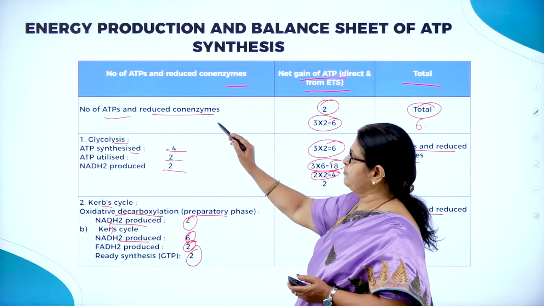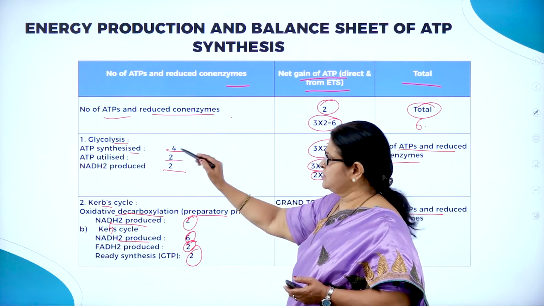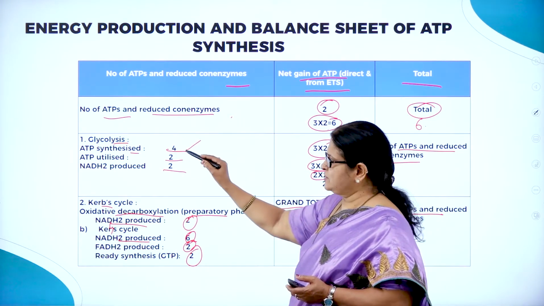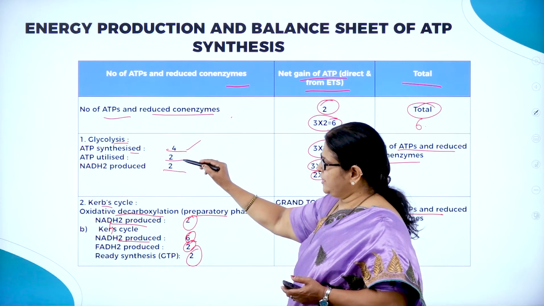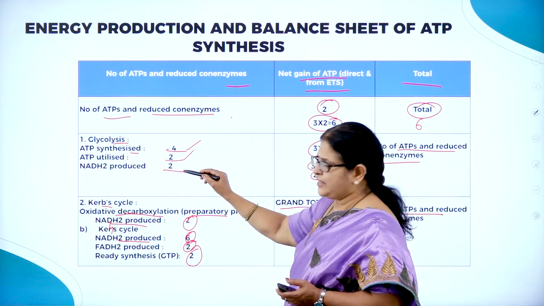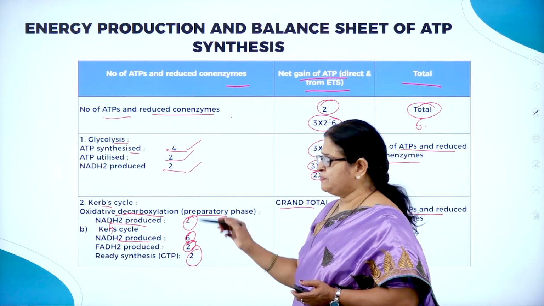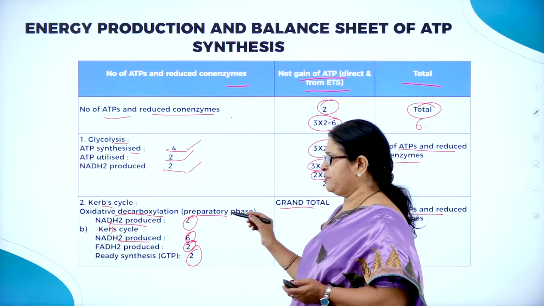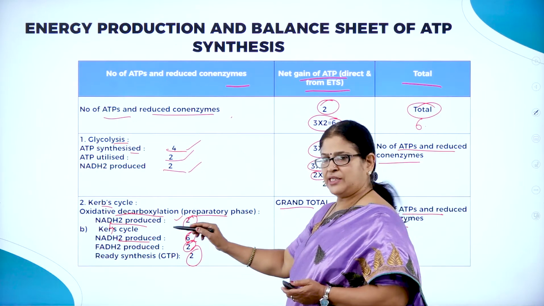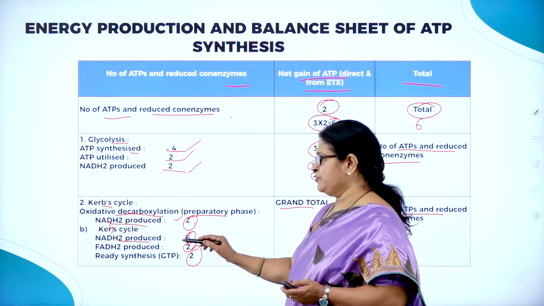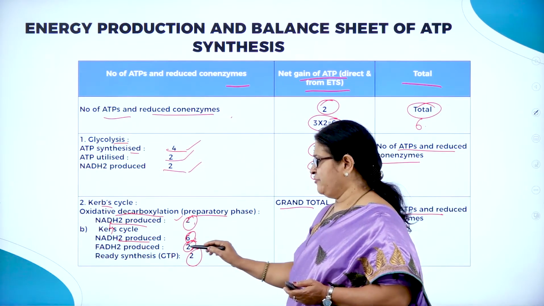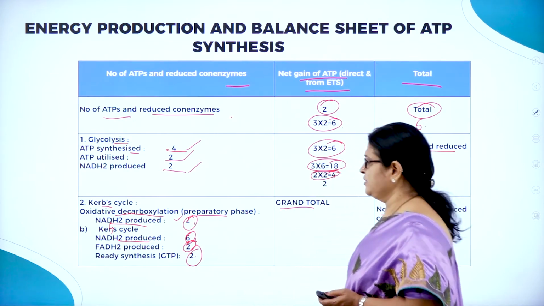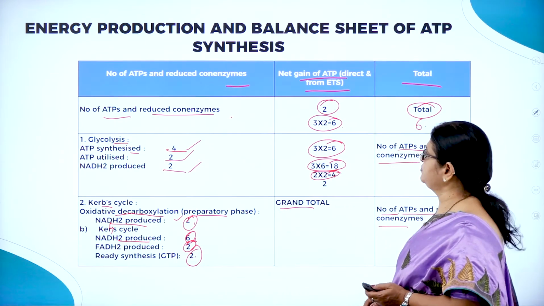In glycolysis, ATP synthesized is 4, then ATP utilized is 2 and NADH2 produced is 2.